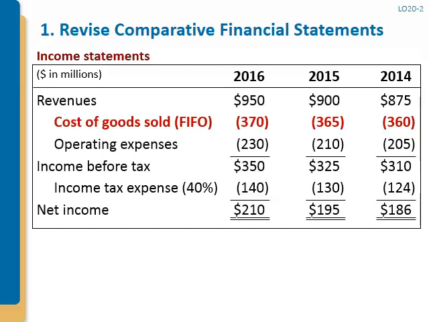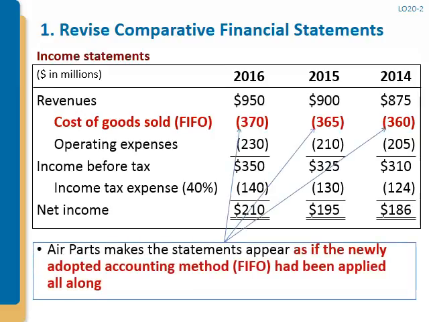When accounting changes occur, the usefulness of the comparative financial statements is enhanced with retrospective applications of those changes. Earnings per share each year, of course, will be based on the revised net income numbers. The company recasts the comparative financial statements to appear as if the accounting method adopted in 2016 had been used in 2015 and 2014 as well.